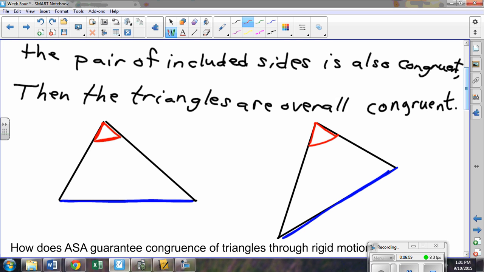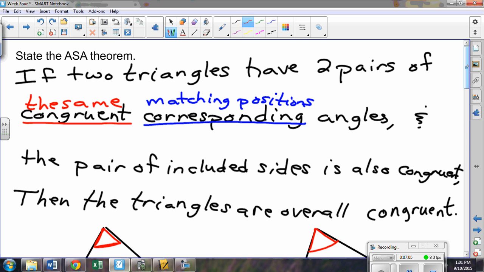This gives us a shortcut, but it can't just be anything. When we're looking at the name, it tells us what we need and the order we need it in. Please notice that it says angle and angle, so we have to have 2 pairs of congruent angles to use this.